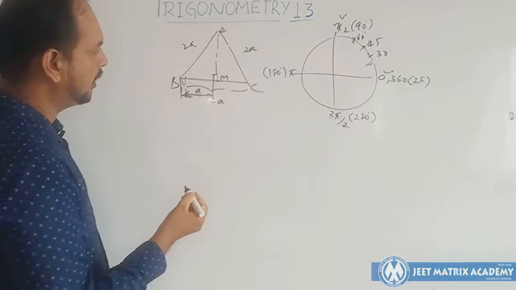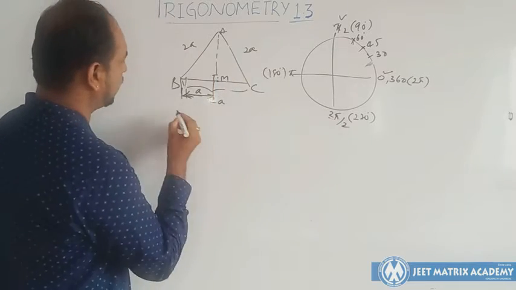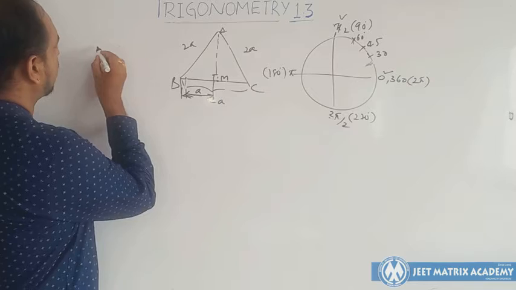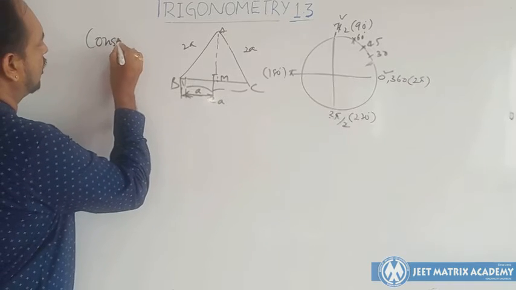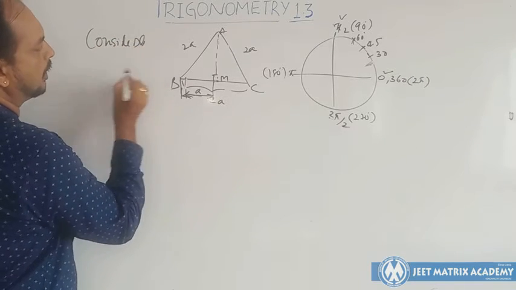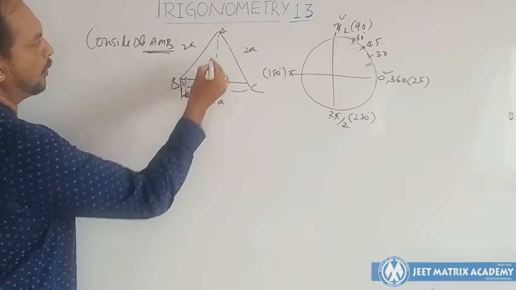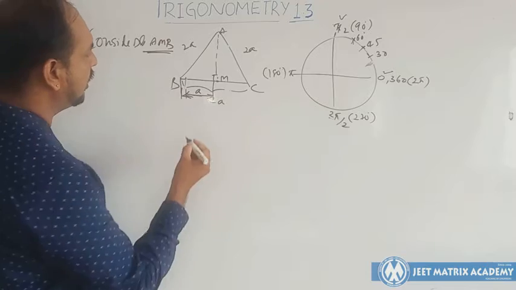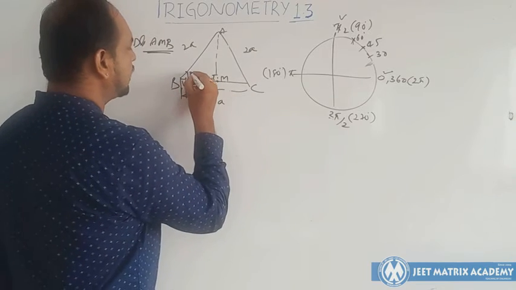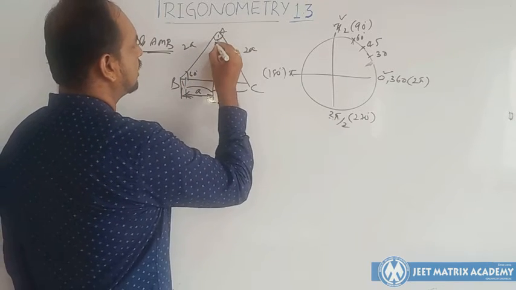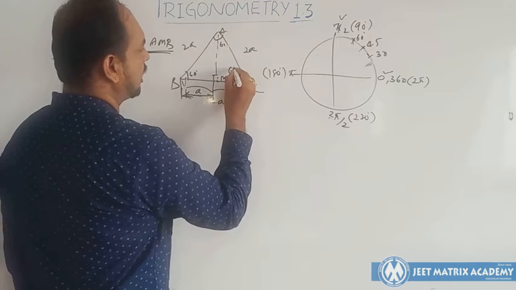Am I right? Now consider only triangle AMB, the right angle triangle. Since it is an equilateral triangle, this is 60 degree, this is 60, this is 60, agree?